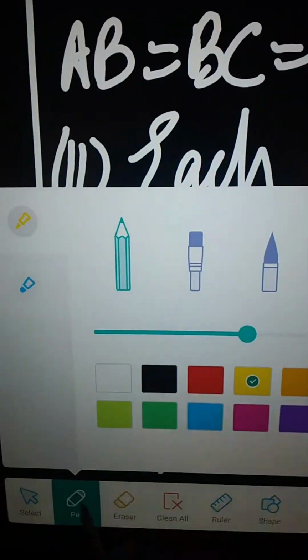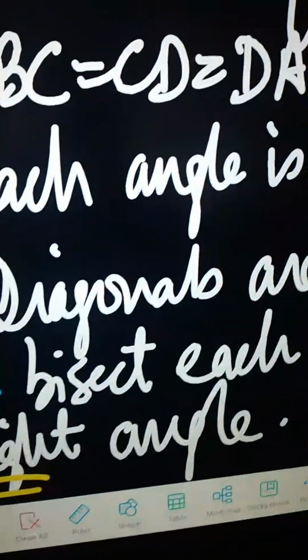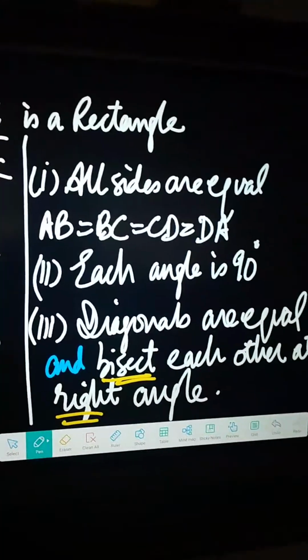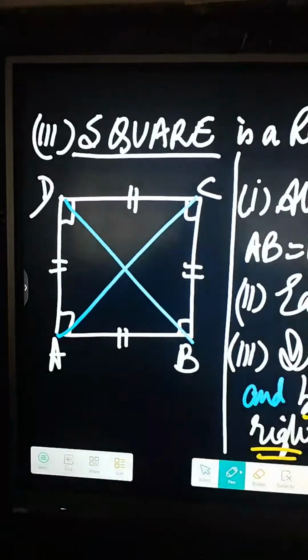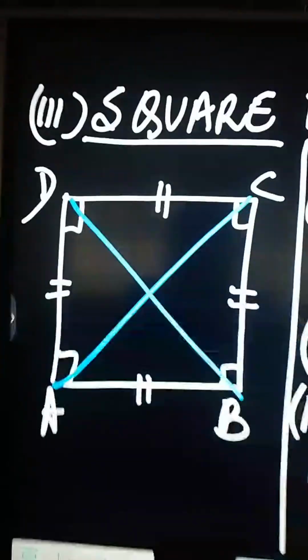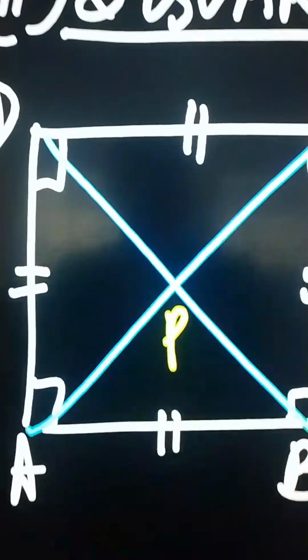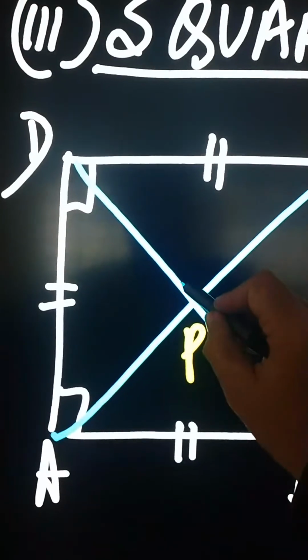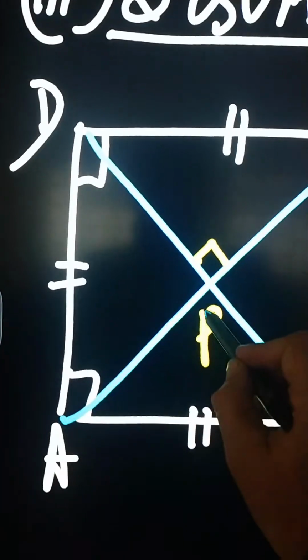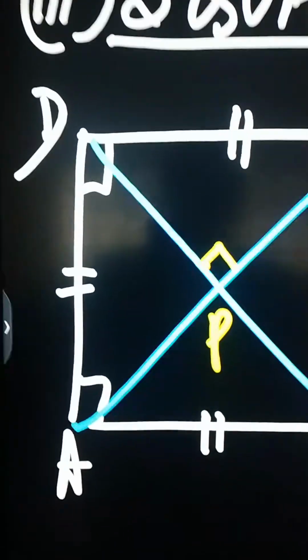So this is the property. In a square, diagonals bisect each other at right angle means if this is the point P, then this angle will be 90. Got it? So this is an important property.